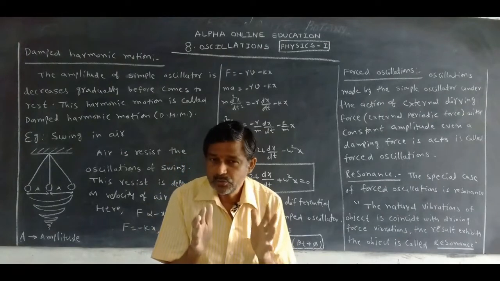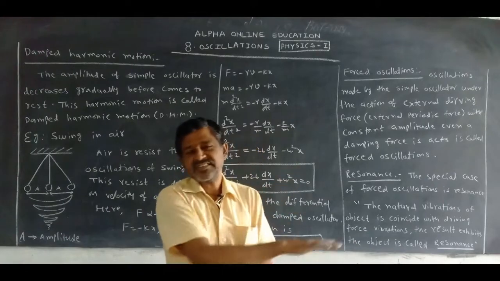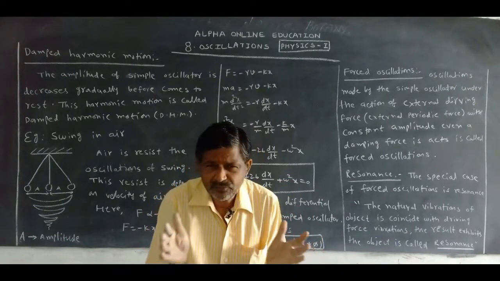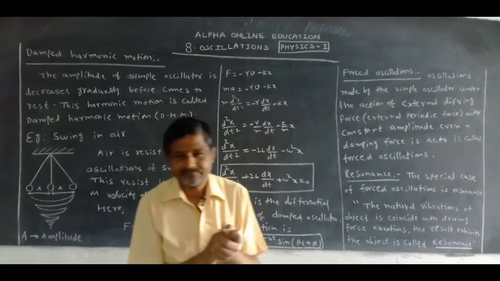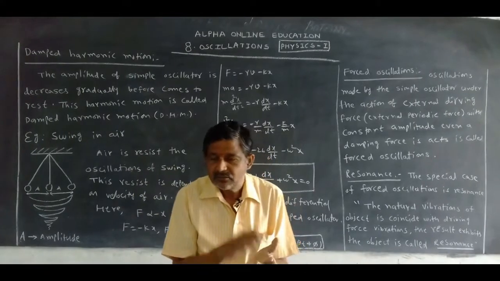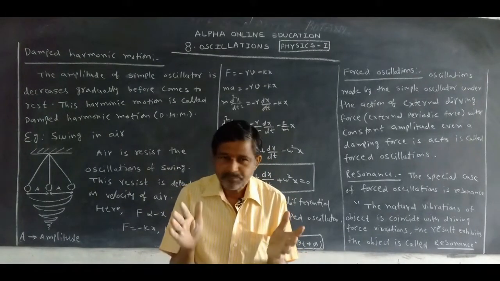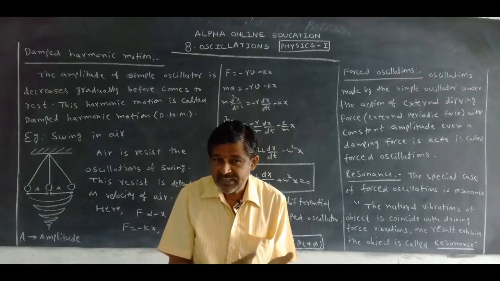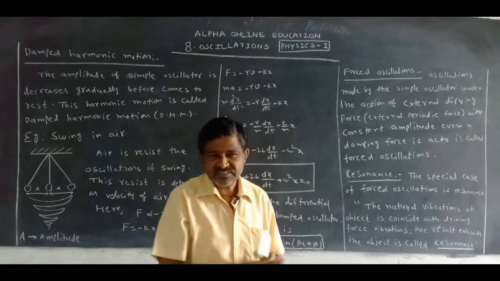Now we want to keep the amplitude constant even when a damping force is present. With damping present, the amplitude decreases gradually, which is compulsory, but we want to keep the amplitude constant even when a damping force acts.